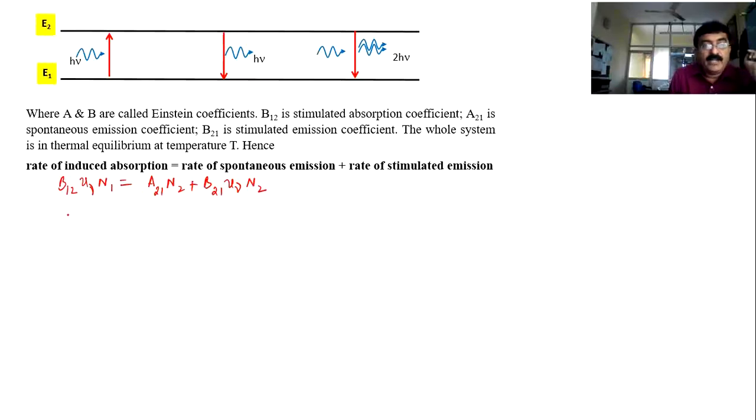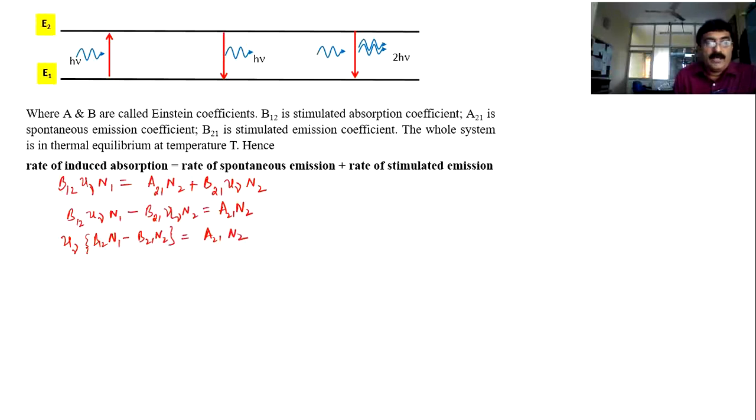Okay, now take U nu one side, B12 U nu N1 minus B21 U nu N2 is equal to A21 N2, right? Now you take U nu common factor, then B12 N1 minus B21 N2, that is equal to A21 N2.